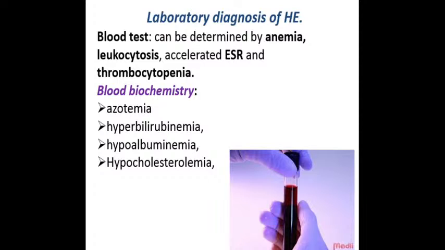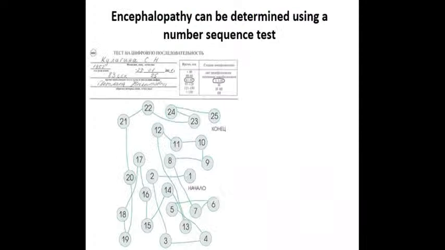Laboratory diagnosis of hepatic encephalopathy. In the blood, we can see anemia, increased leukocytes, increased ESR, and thrombocytopenia. And also azotemia, hyperbilirubinemia, it is jaundice, and decreased albumin and decreased cholesterol in the blood. Also, we can determine encephalopathy if we use the number sequence test.